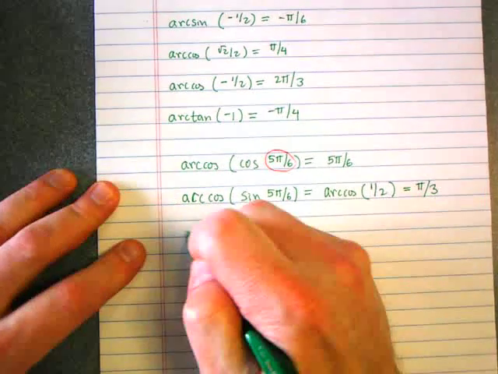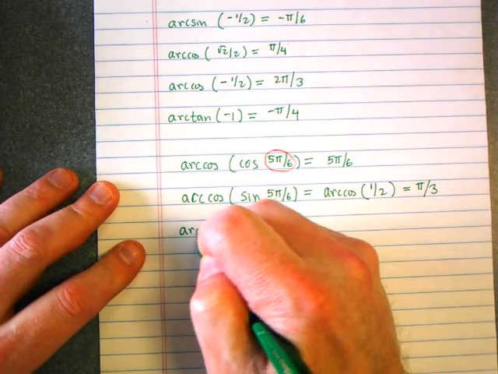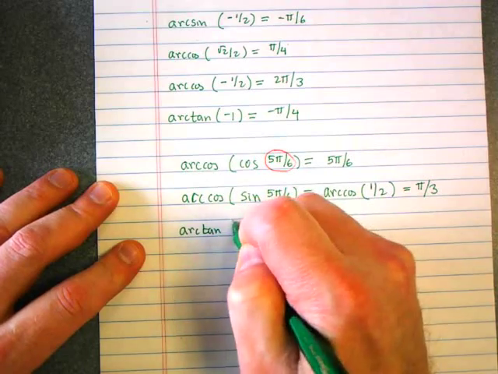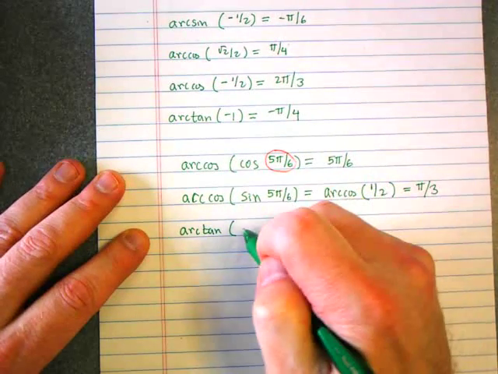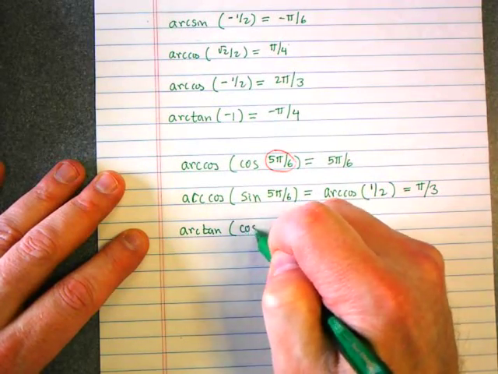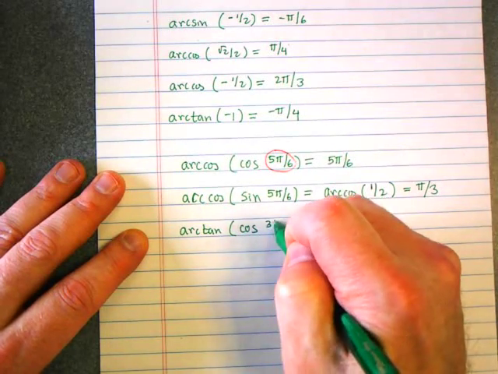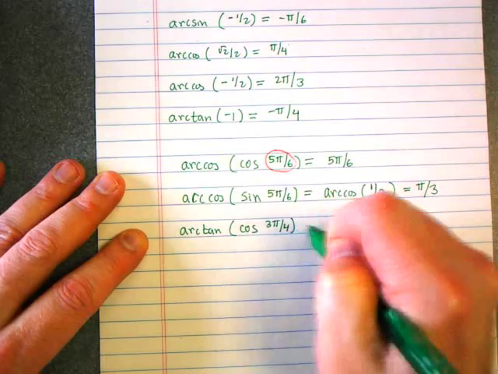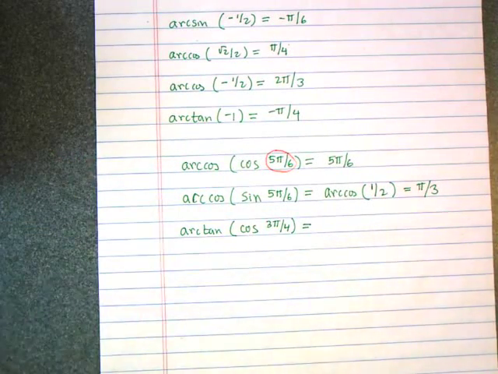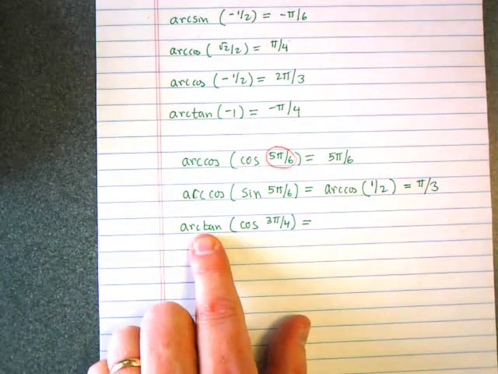Let's try another one. How about the arc tangent of the cosine of 3 pi over 4? Well, we don't have to worry about right quadrant, wrong quadrant anymore because we got an arc tangent and we got a cosine.